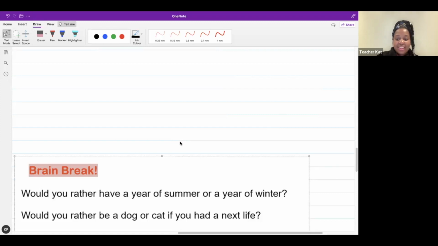Ma'am, I wouldn't want to be a dog, although I love dogs, but I would rather be a cat. Why? Because if a random child, because we get those random children in the street, walked up to me and then threw me in the sky, at least I could land on my feet.